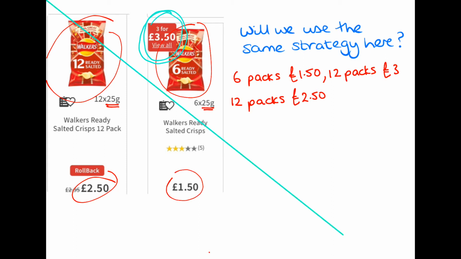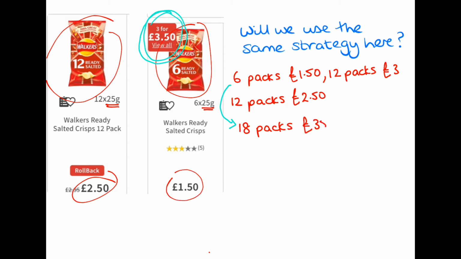So we're still on this one here. If we bought 3 packs of that, how many packets of crisps would that give us? That's 3 times 6, so that's 18 packs, and that would cost us £3.50. So really, we can forget about just buying these ones, because if we bought those without getting the special offer, they're definitely more expensive than the 12 pack.